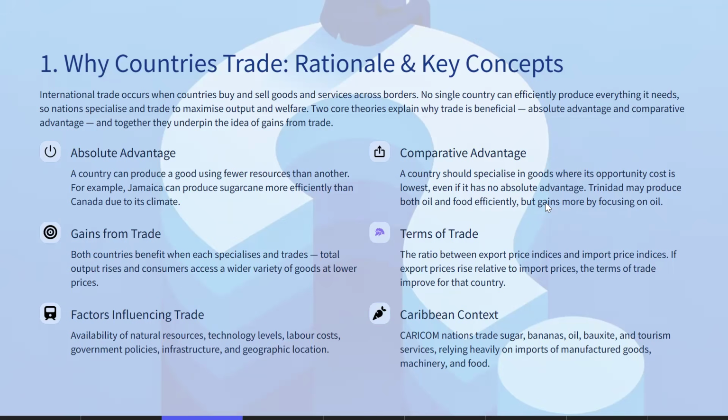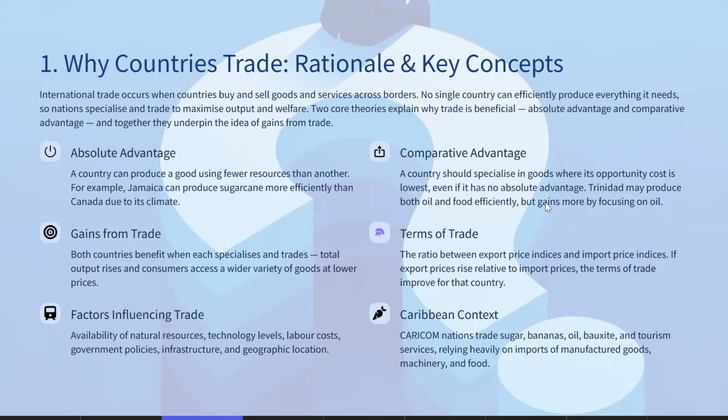Now for the terms of trade. If your export prices rise around the same rate as import prices, that's something good.